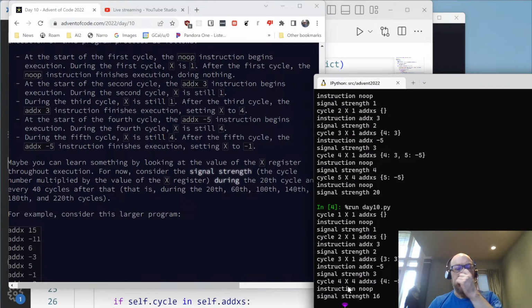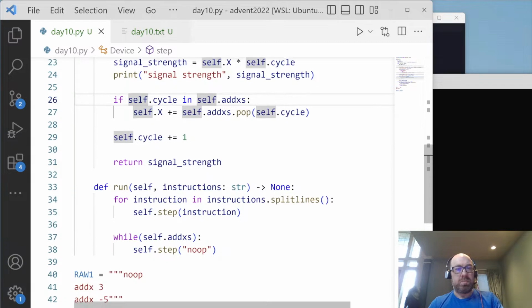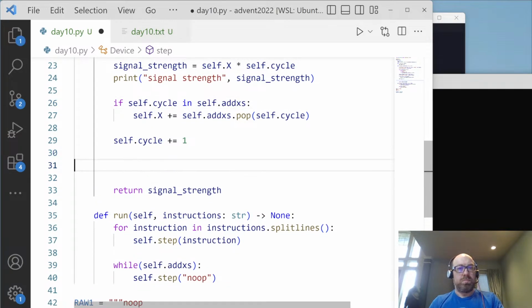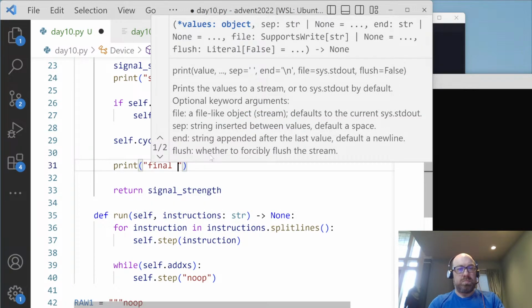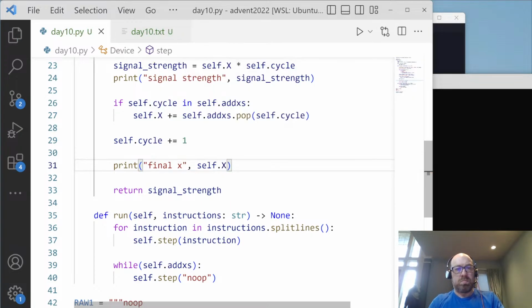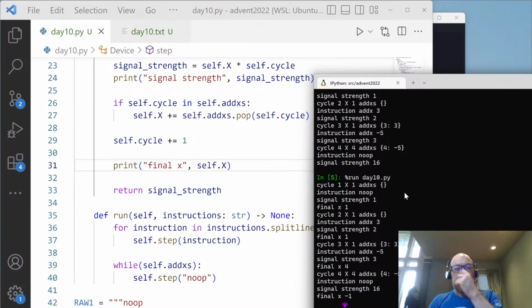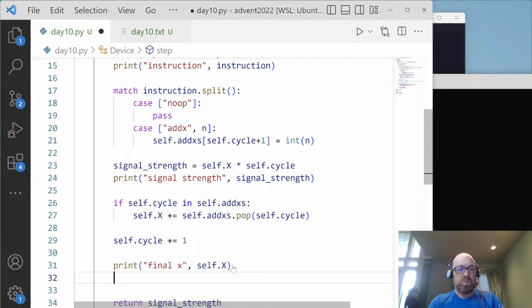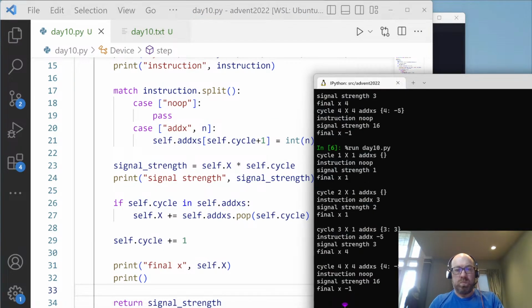After the fifth cycle, so final x is minus 1. 1, 1, 4, minus 1. So I think that's right.